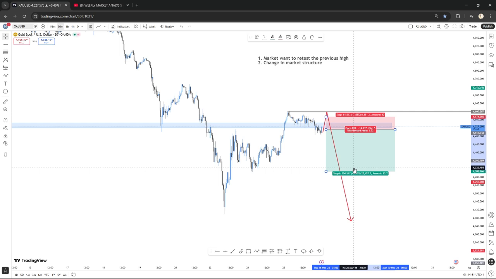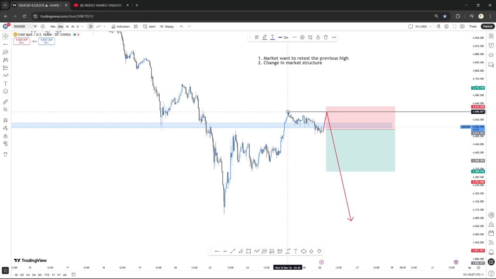That's why many of the time I have a wider stop loss, because I want to play safe. Play safe means that my stop loss must always be above the previous high, just in case market wants to retest that high before the move happens. All right. So that is what you have to always note at every point in time.